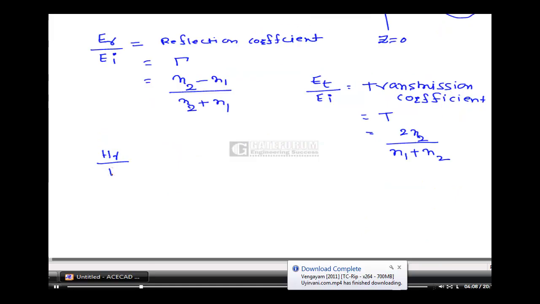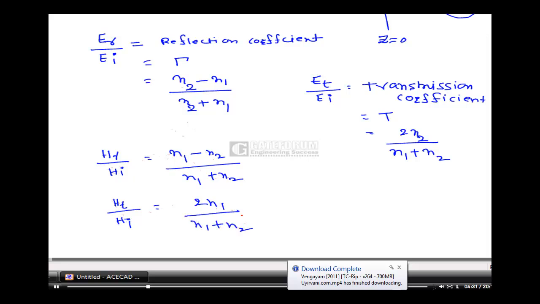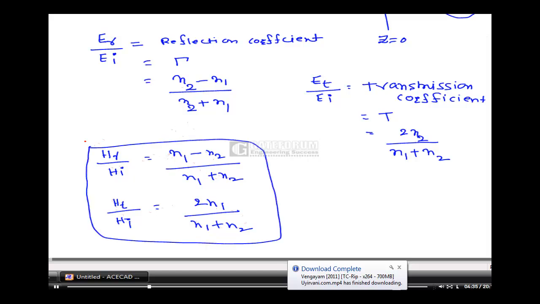HR by HI is opposite to ER by EI: eta 1 minus eta 2 by eta 1 plus eta 2. HT by HI is given by 2 eta 1 by eta 1 plus eta 2. So we have to keep in mind these relations to solve the problems.